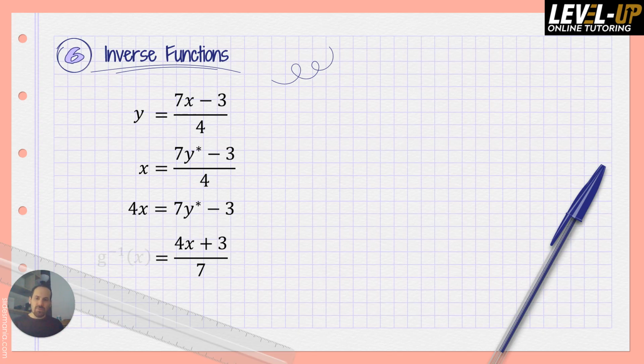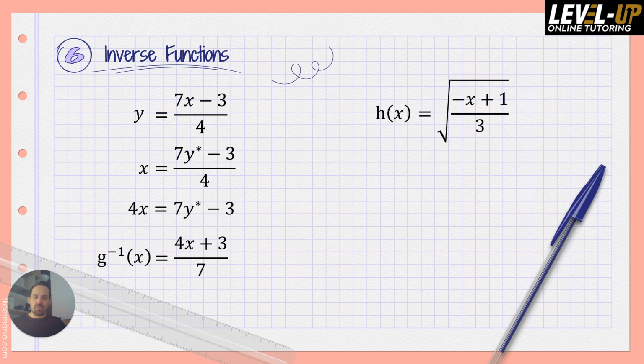It's now the output of g inverse of x. So that's why I put a little star there. You don't have to, but you need to be aware that the second you swap the x and the y around, the y doesn't represent the output of the function anymore. It represents the output of the inverse function. So just be mindful of that.